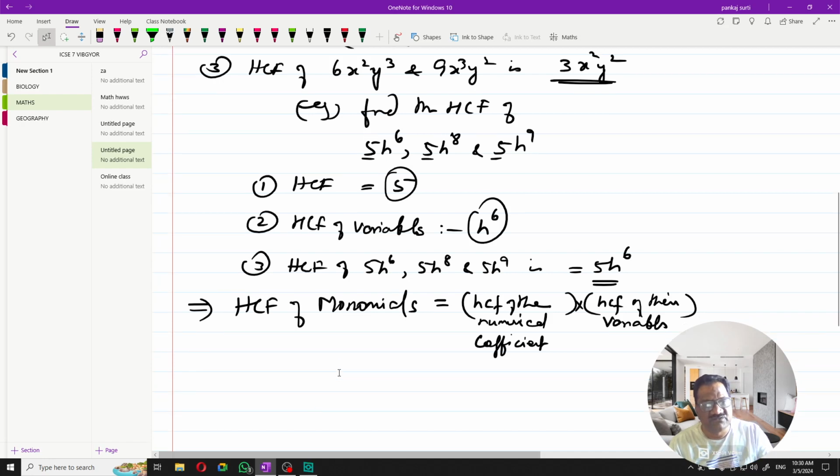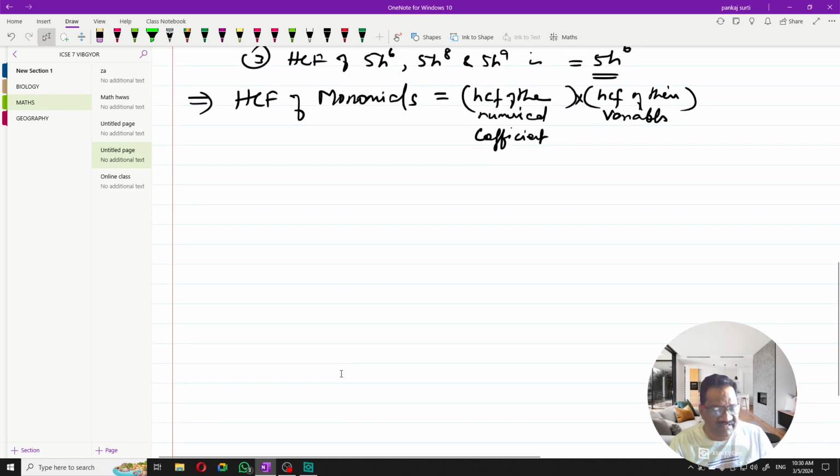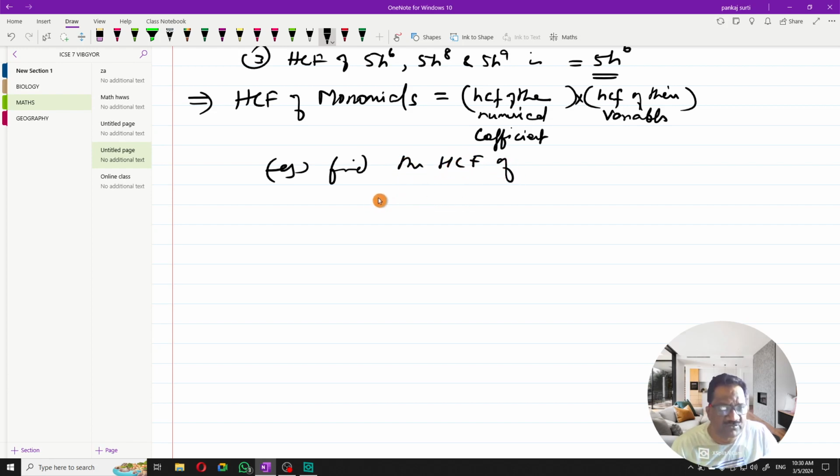Before we take a dive into actual factorization, let us do one more example. This time I want you to find the HCF of 4a cube b and 12ab cube.